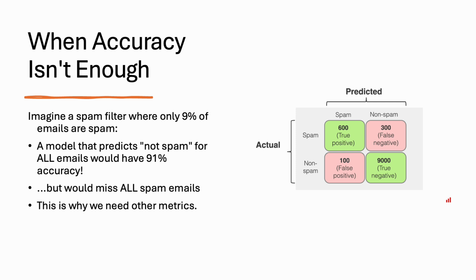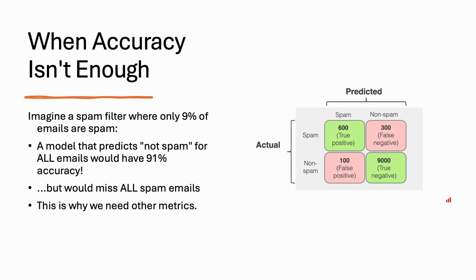If that model always predicts that all the emails are non-spam, then it is already 91% accurate. As you can see, this is a problem. The model does not learn anything to separate spam from non-spam. If it always detects non-spam, it is 91% accurate, but it always fails to detect any spam emails.